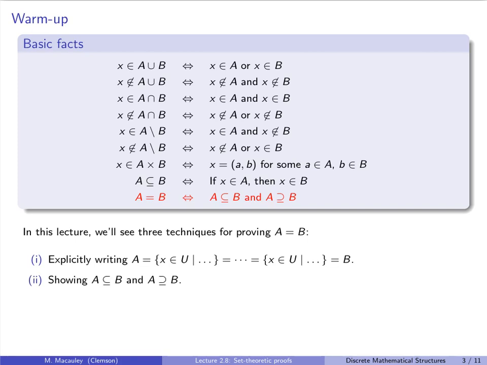A second method, which I described above, is we can show that A is contained in B and A contains B. Show those things separately. And finally, sometimes we can show this indirectly, in other words, by contrapositive or by contradiction.